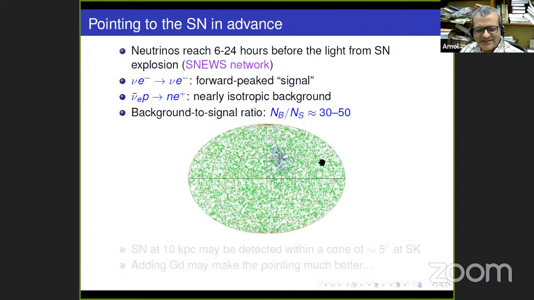Okay, so it's essentially like this. If you think of this as the detector, the signal is coming, these blue crosses are those that come from our signal, which is the forward scattering interaction, whereas this whole green thing is the background. And the question is how to separate this. If you cannot separate this, still it is not impossible to find.